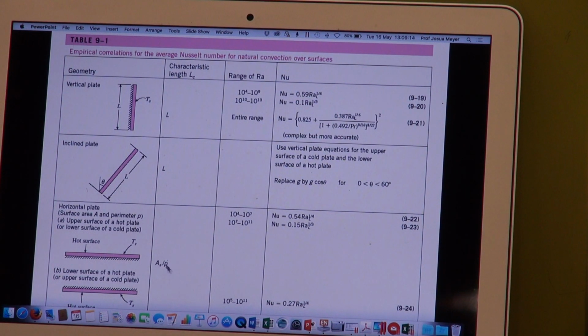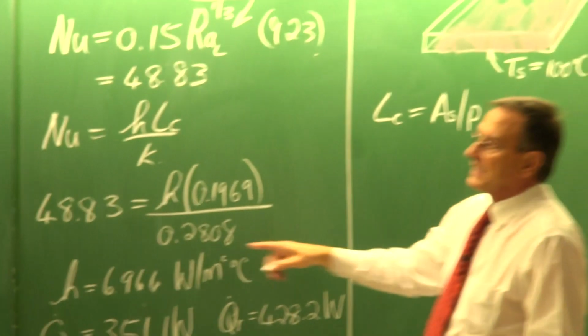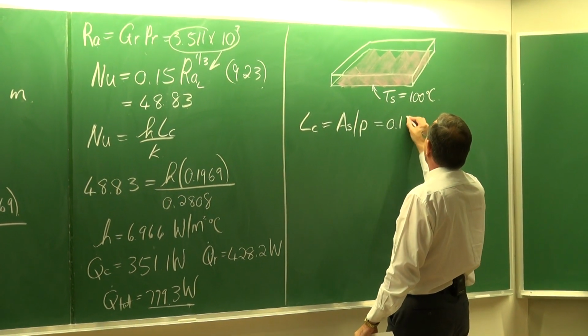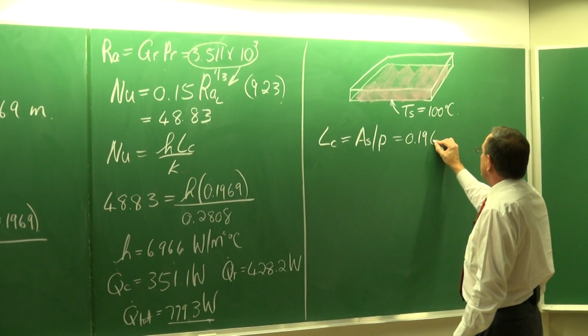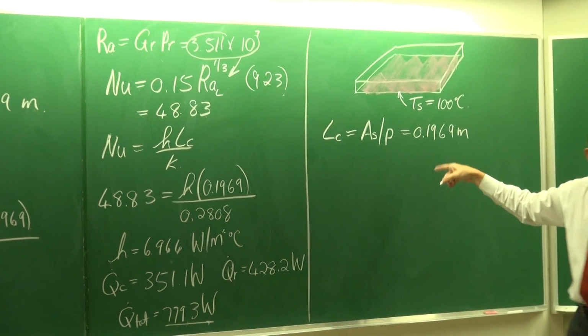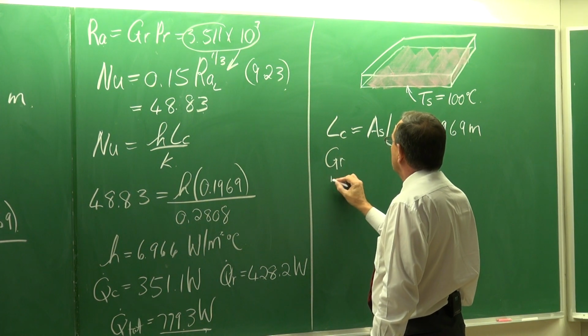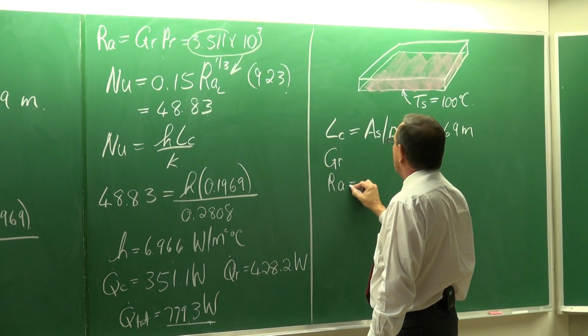However, the characteristic length should also be determined by the surface area divided by the perimeter. So again, the characteristic length is equal to the surface area divided by the perimeter, and that stays the same. It is still equal to 0.1969 meters, and because that is the same, the Grashof number and the Rayleigh number are going to be the same.